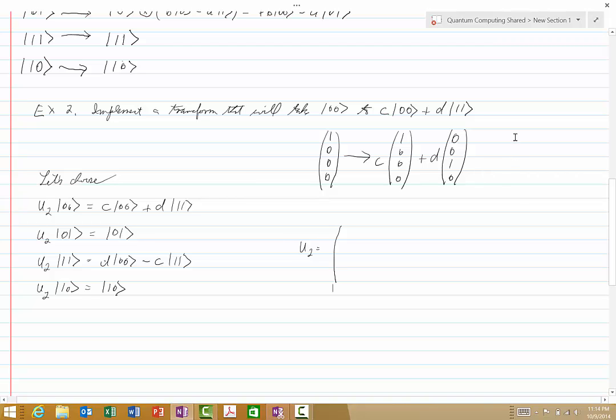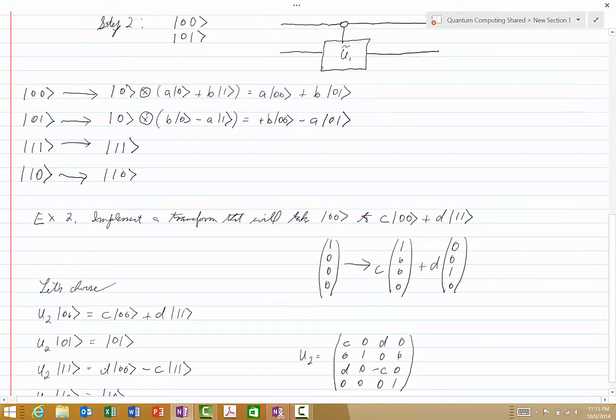So we will get C, 0, D, 0. The 0,1 here corresponds to the vector 0,1,0,0. So we get 0,1,0,0. And then for the next one, we'll get D, 0, minus C, 0. And then finally 0,0,0,1.